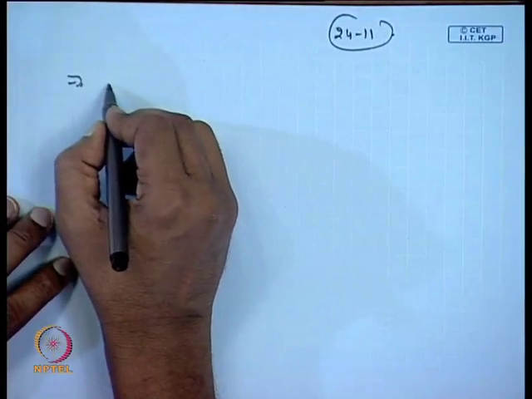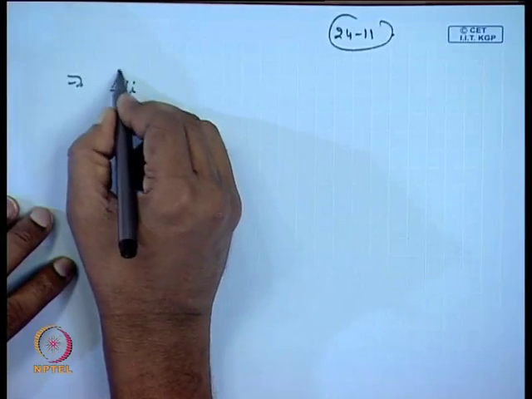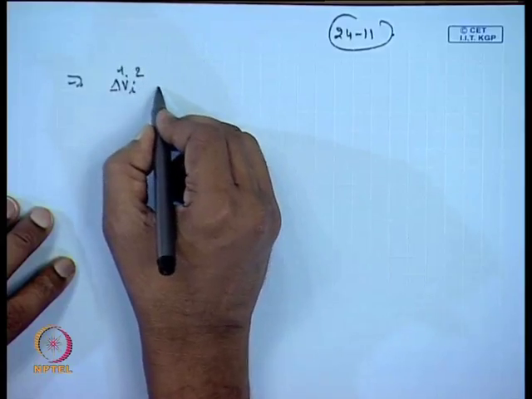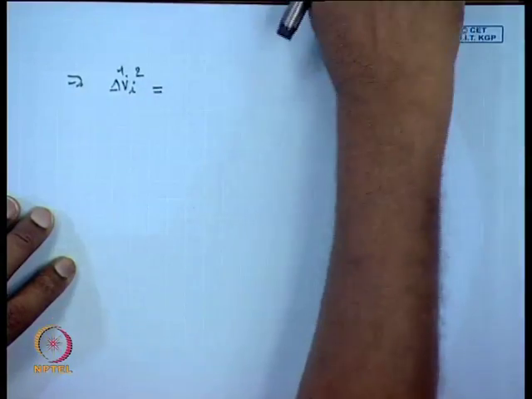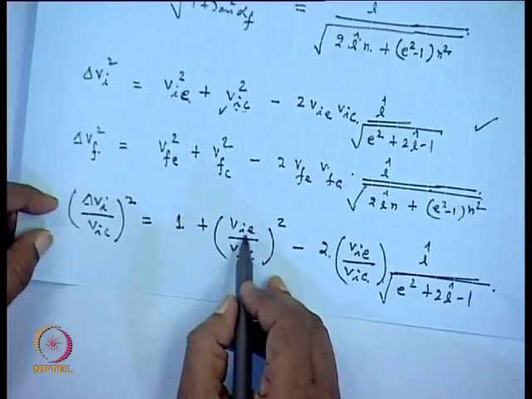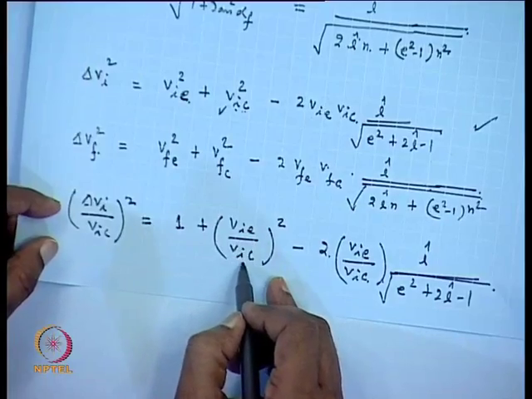So, this implies delta V I cap square equal to. So, do the simplification by putting the values of V I E by V I C.